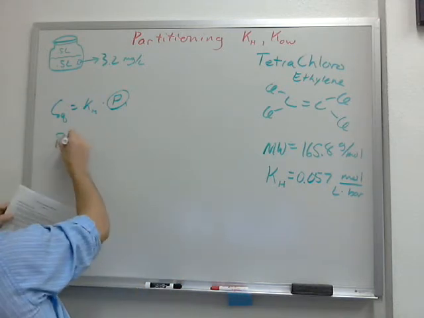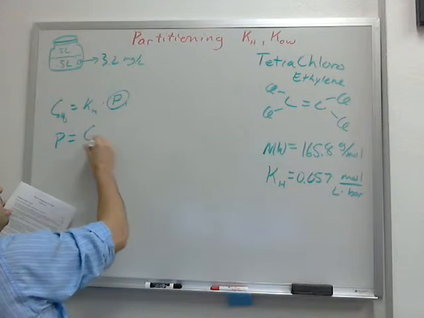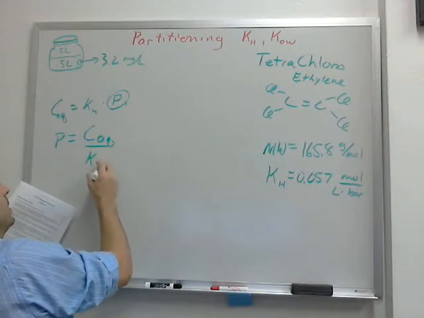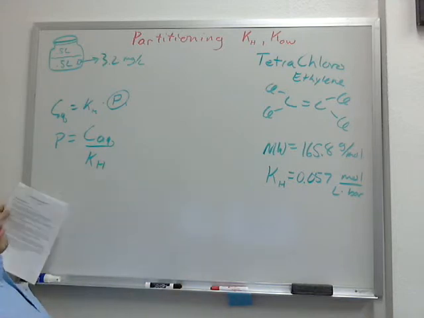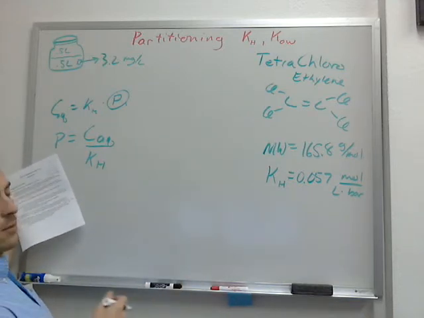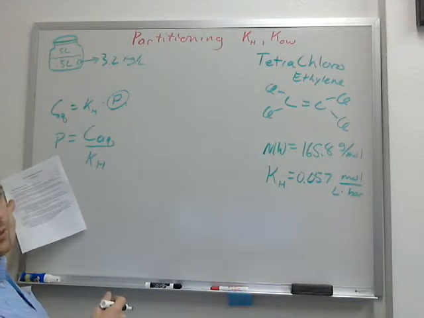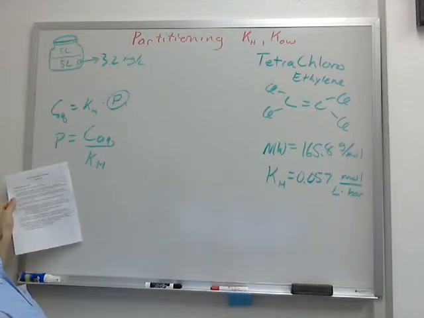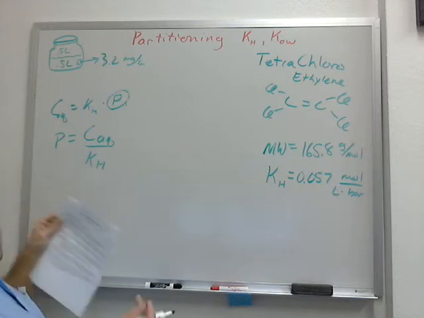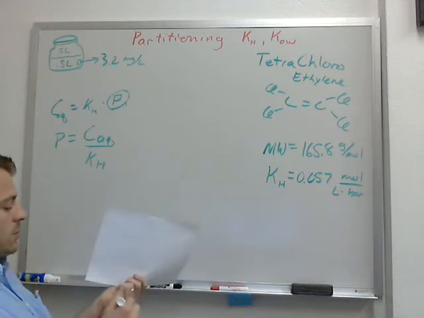So our pressure equals the concentration aqueous divided by the KH. Now we're going to have to work our units out on this, obviously. So we'll get a pressure, and then we'll have to convert that pressure into particular units. And I have not specified what units I want those in. So you can express them in ppms. That's usually the easiest way to do that.